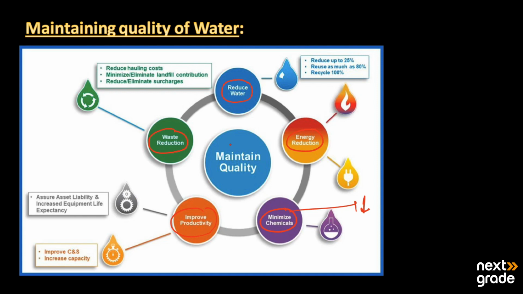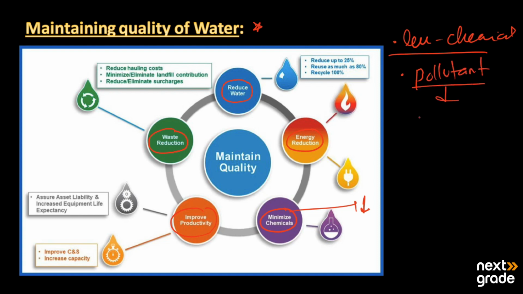By all this, we may be able to maintain the quality of the water, because when there are fewer chemicals, there are fewer pollutants, and when there are fewer pollutants, in turn we may save the water for further uses, and that water must be clean and clear, so it can be used for the next.